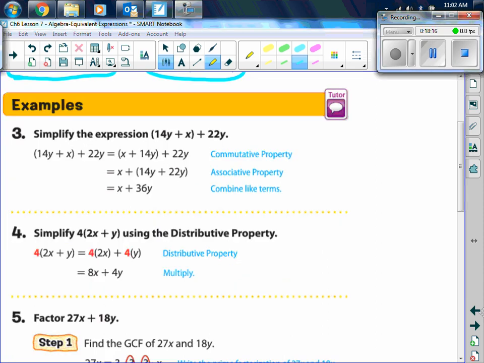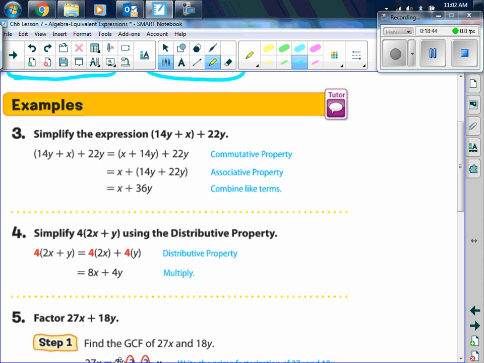So, example 3 says to simplify the expression 14y plus x plus 22y. So here, going back to showing all our movement with our properties, okay? Starting with the 14y plus x plus 22y, we want to add, which ones are the like terms? The 14y and the 22y.